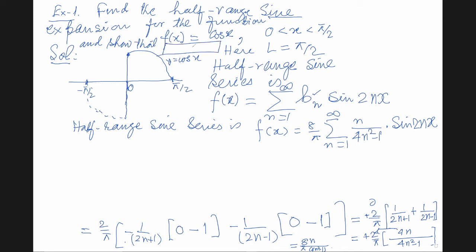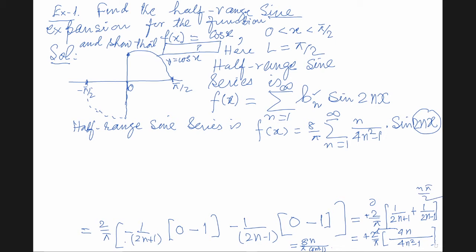We will see. When there is a cosine, you choose x equal to 0. When there is a sine, you choose x so that you get n pi by 2.